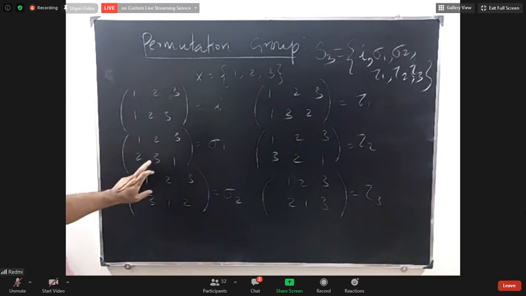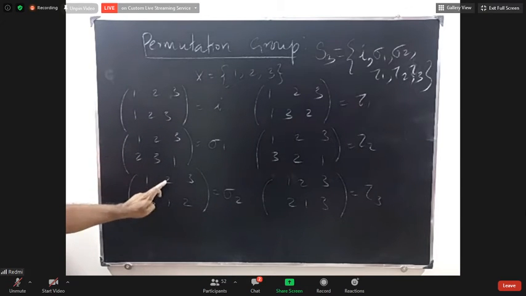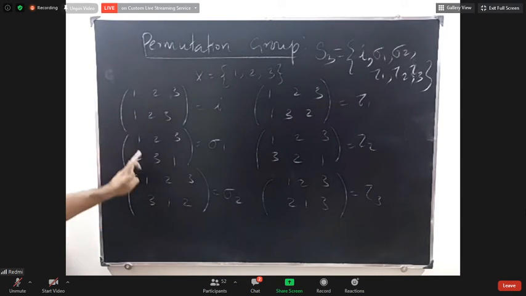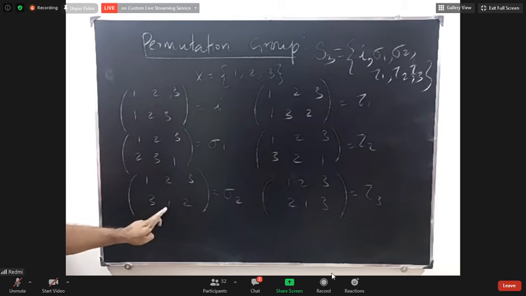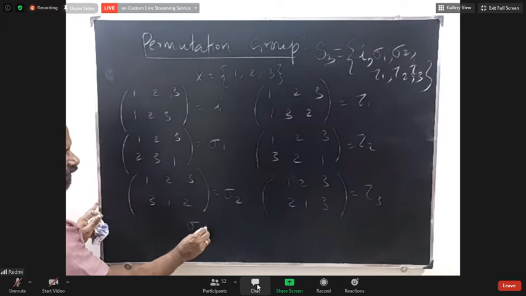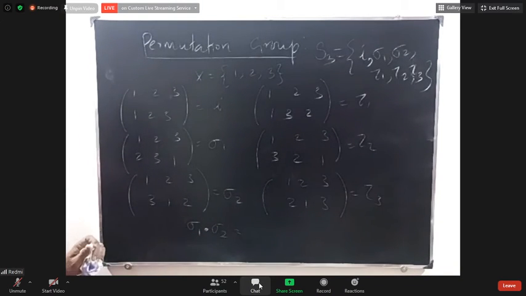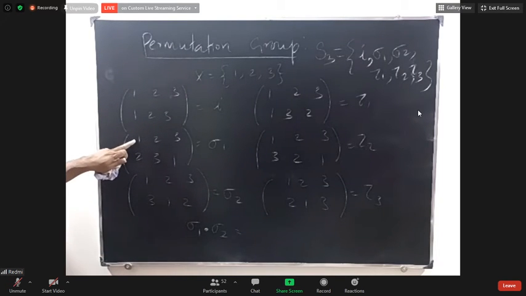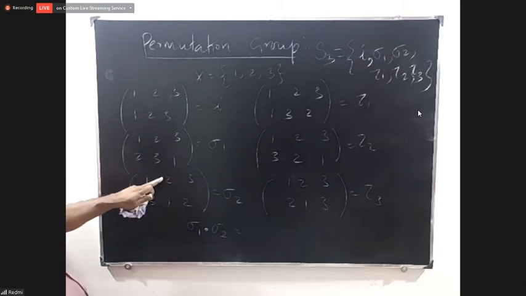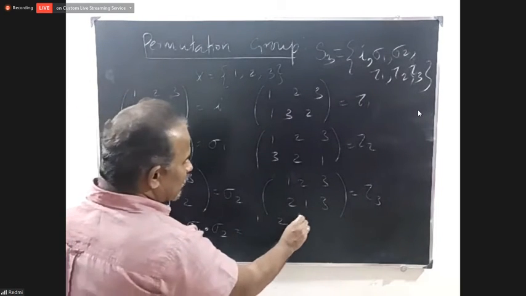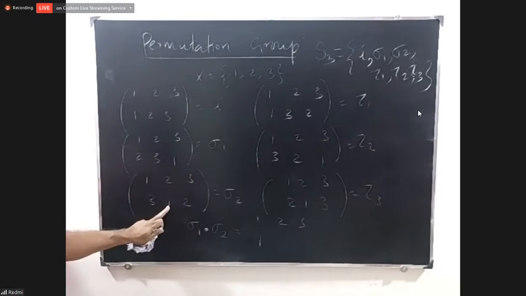Sigma 1 composition sigma 2: 1 goes to 2, 2 goes to 1, so therefore 1 goes to 1.